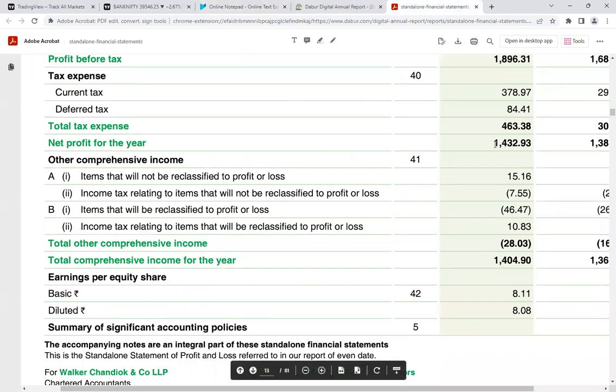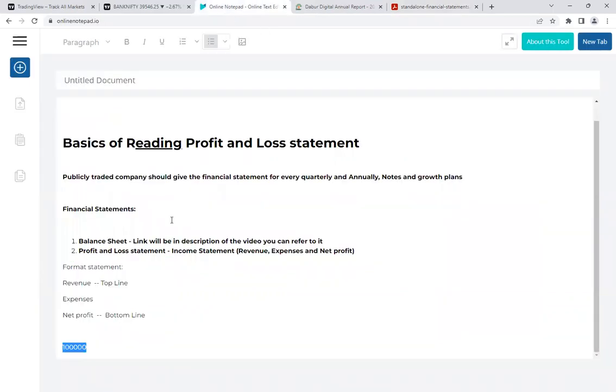The complete 1432 will be divided among each share. Net profit, 1432, divided by the complete outstanding shares will give you the earnings per share.